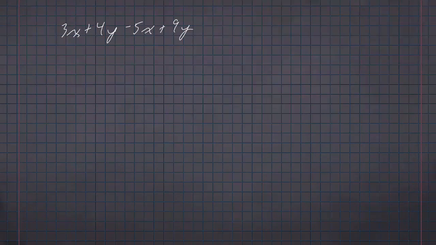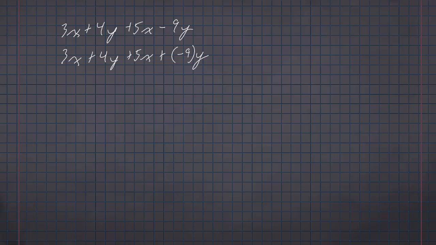Consider here, sorry, I wrote that backwards actually. 3x plus 4y plus 5x minus 9y. Now with this expression, there's not a lot we can do, but if I make a very simple change, minus 9y is the same thing as plus negative 9y.